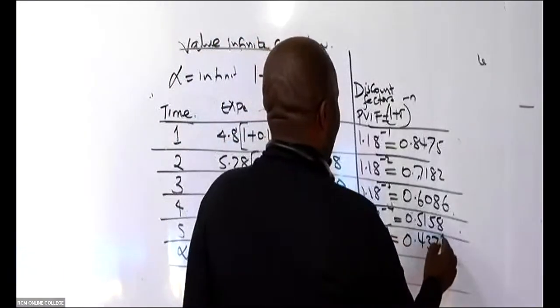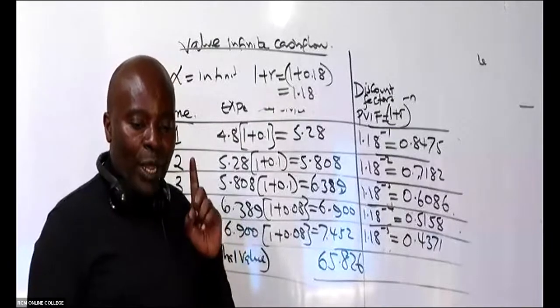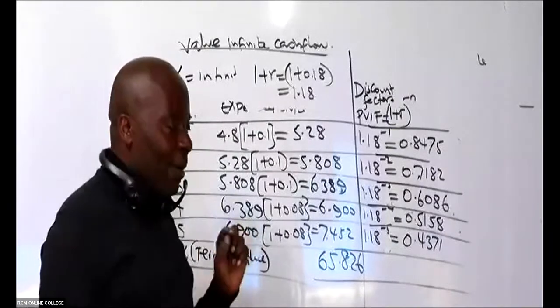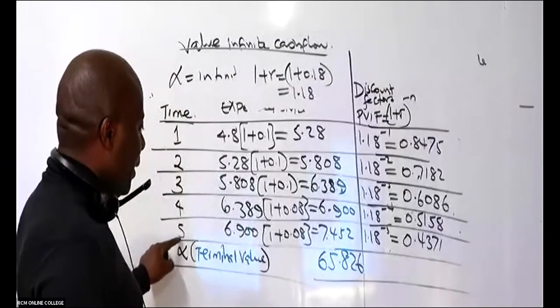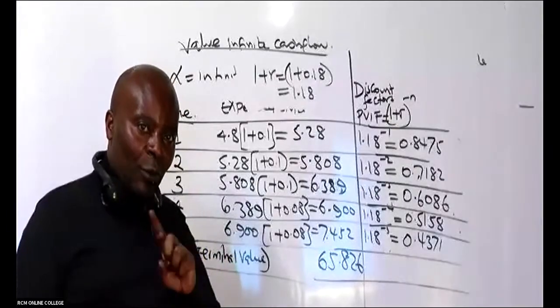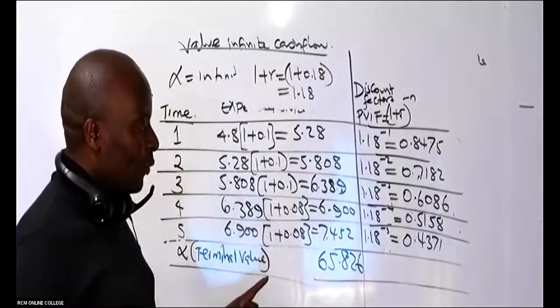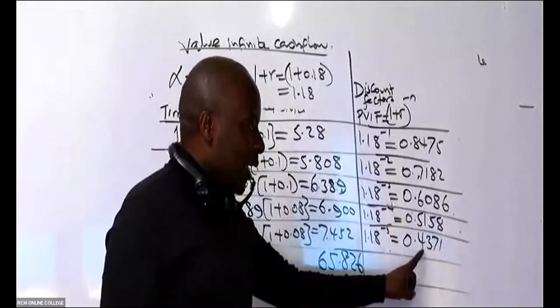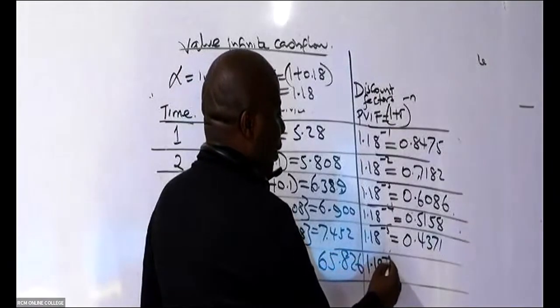Now, please listen. This is where so many students go wrong. Remember, there is nothing like growing after this. End of year 5 is the end factor for everything. So given that this is a terminal cash flow, you can't come and say 1.18 raised to negative infinity.